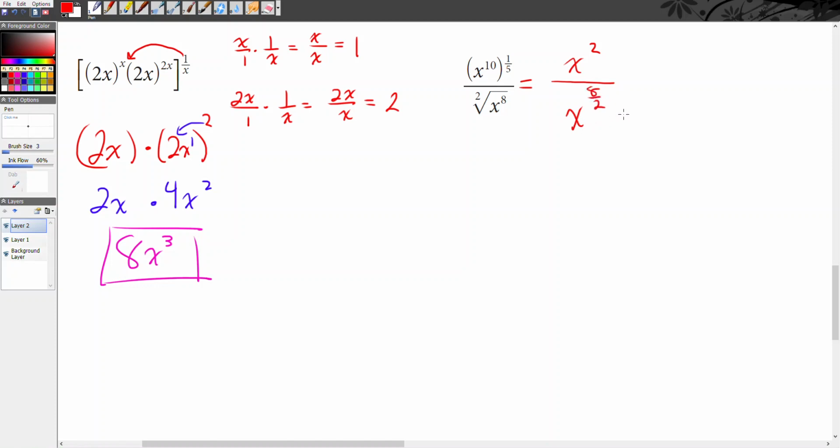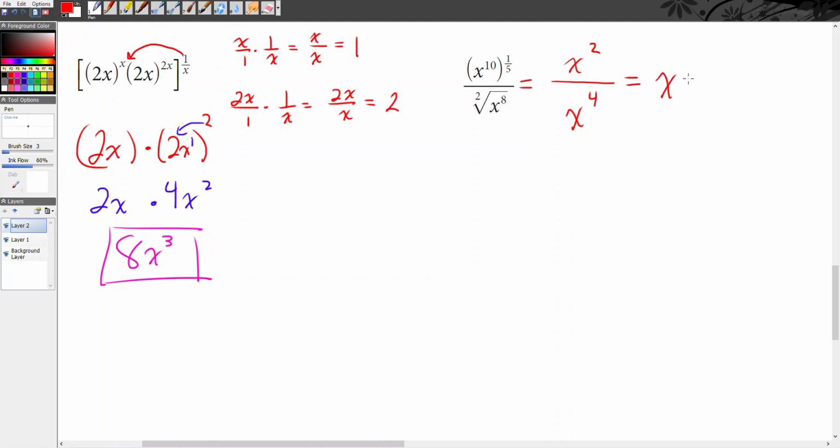And again, what can we do with the fraction 8 over 2? We could simplify it, and it becomes 4. So we can rewrite this as x to the 4th power. And now we say, okay, what's x squared divided by x to the 4th? Whenever you divide powers that have the same base, you subtract the exponents. 2 minus 4 is negative 2.